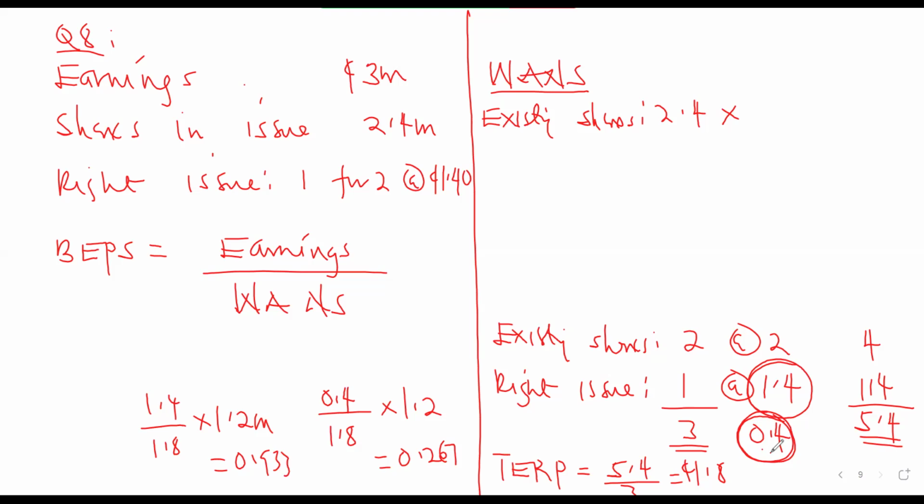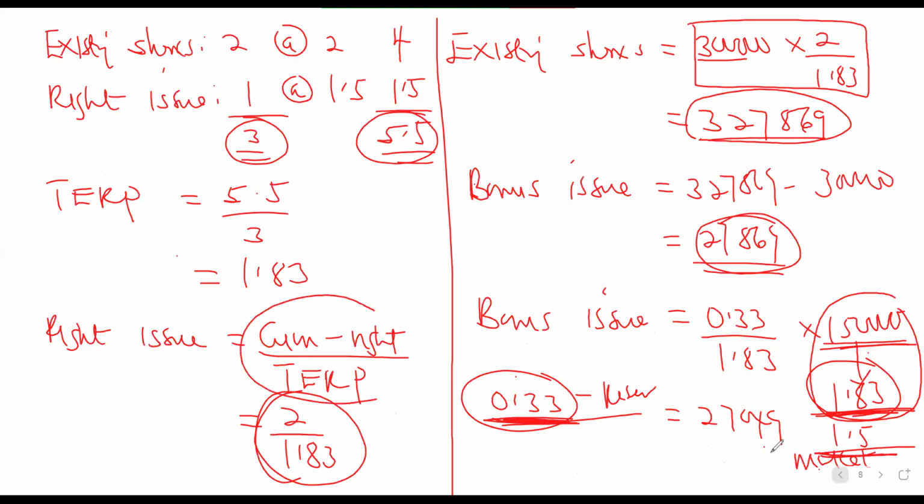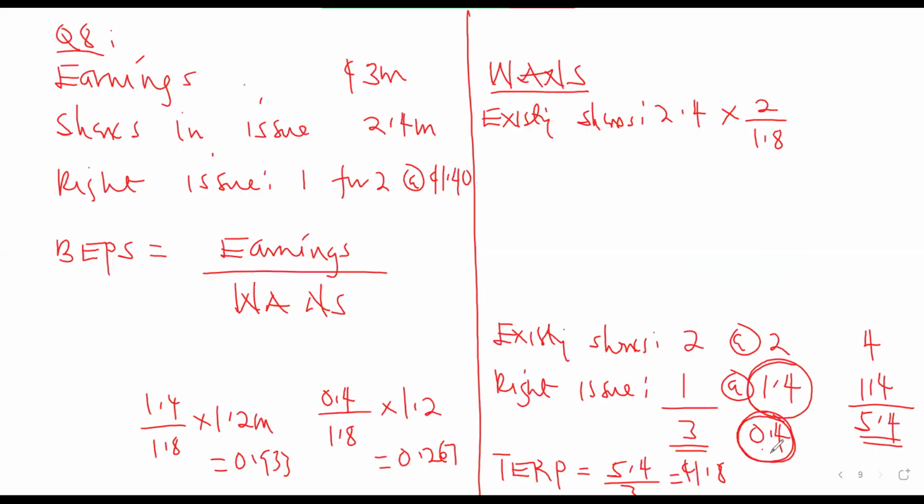The bonus issue fraction will be the existing share price, which will be 2, divided by the theoretical ex-rights price. This is how the bonus issue is calculated. The rights issue fraction is calculated as the cum-rights price over the theoretical ex-rights price.